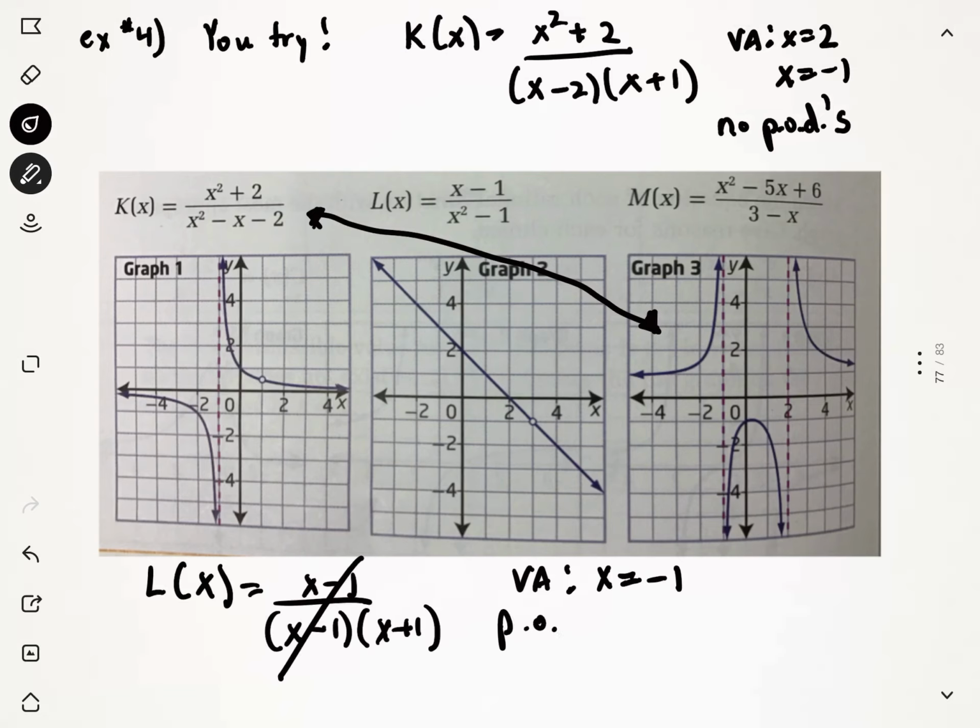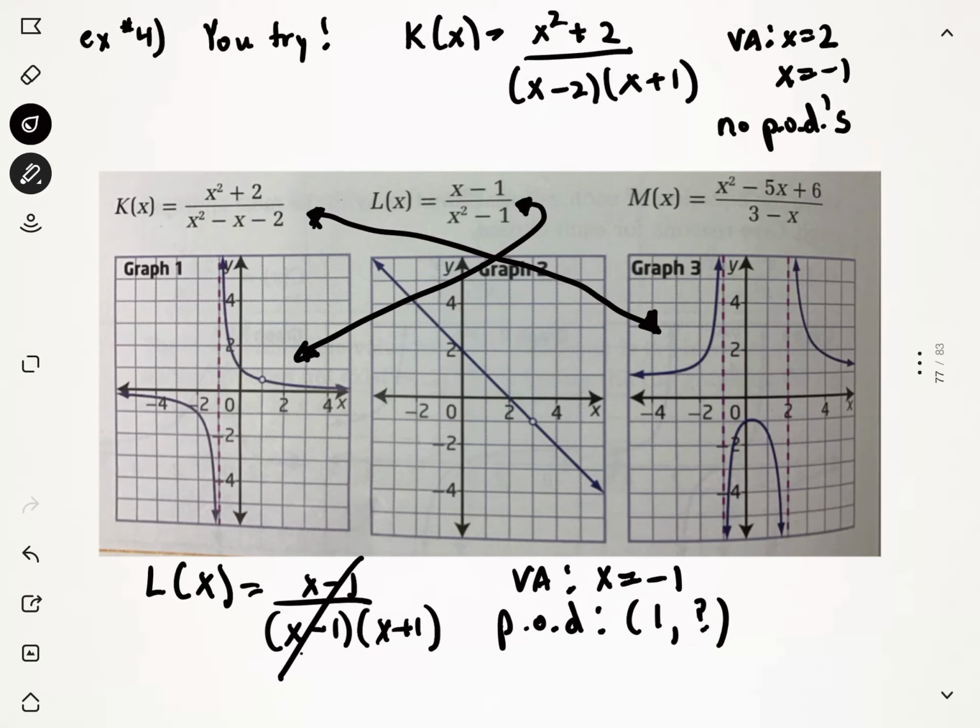And we have a p.o.d. on the one that does cancel, x minus 1, so the p.o.d. is at x equals +1. We could solve for the y-coordinate by plugging it back into the reduced function, but because it's just a mix and match, I don't think it's necessary. The only one of these three graphs that has both of these characteristics is graph 1, so function L matches up with graph 1.